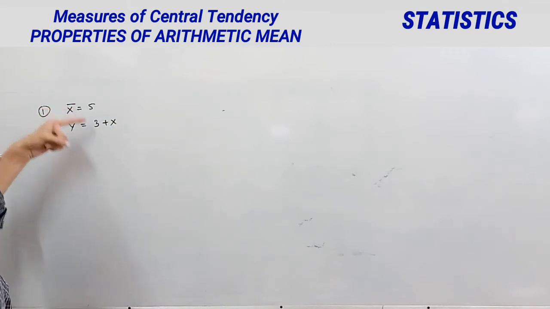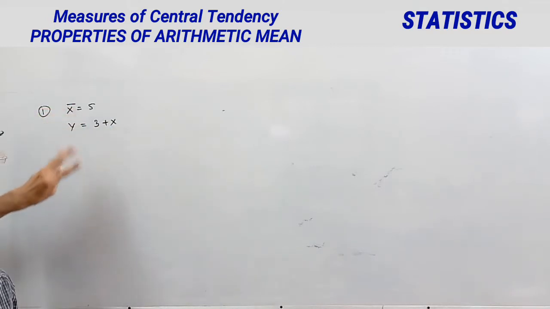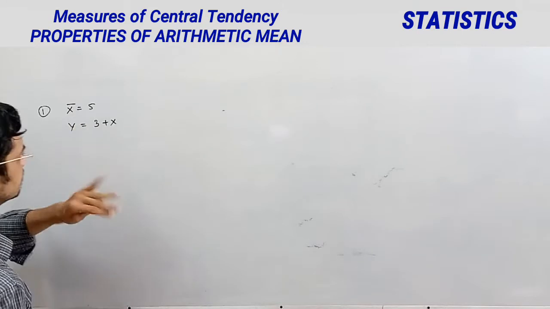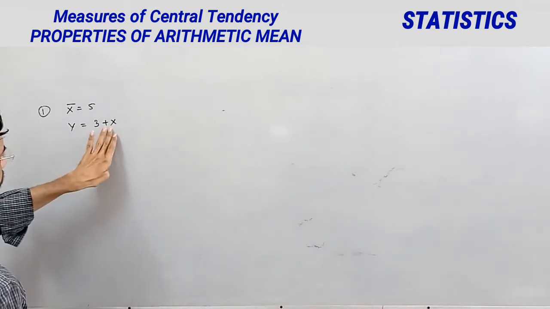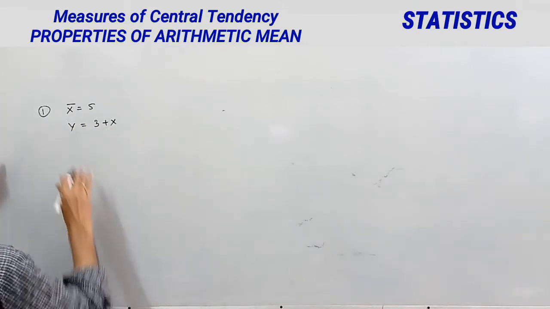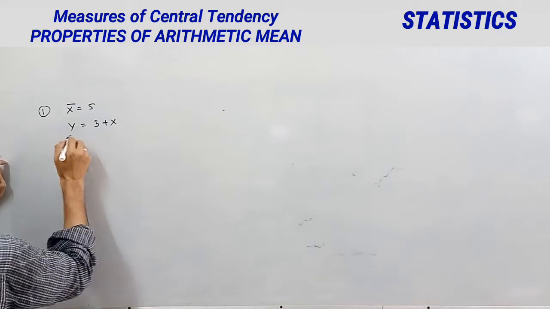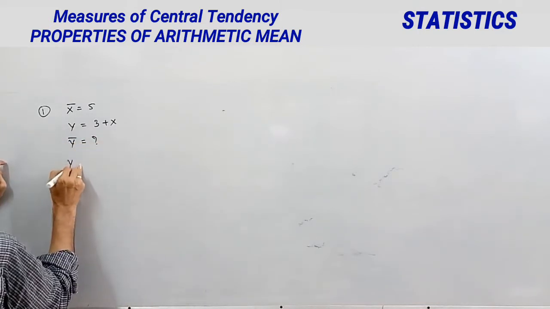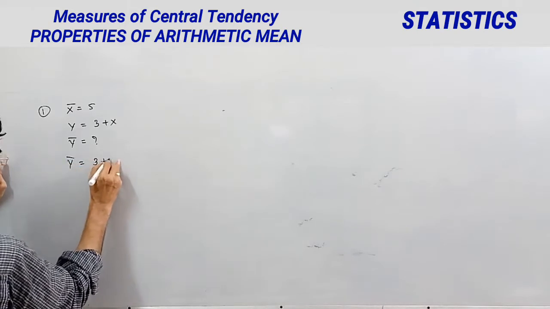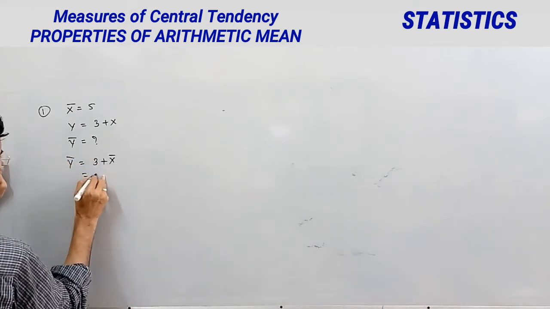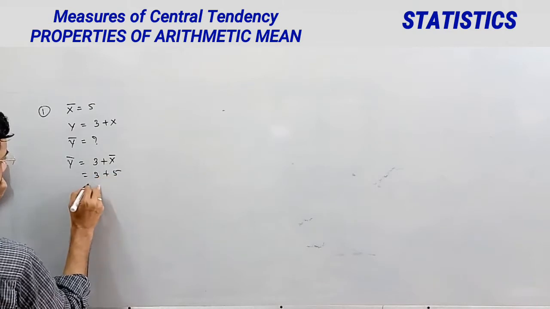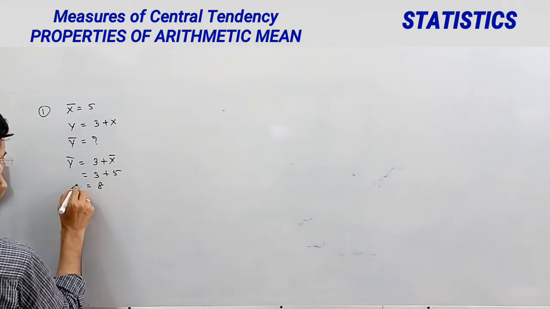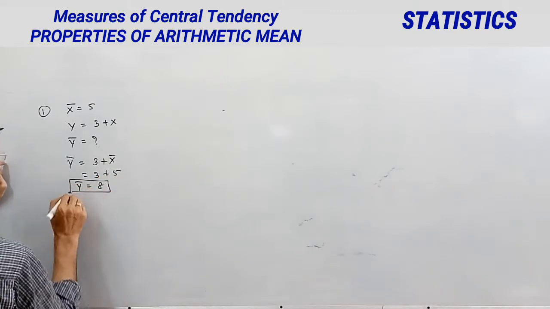Okay, x bar is given and the relation between y and x is given, so this is a question of change in origin. We are adding, no multiplication is there. So now what is y bar? How to find it? We know that y bar will be equal to 3 plus x bar, and that is equal to 3 plus 5, and that is equal to 8. So y bar equal to 8.